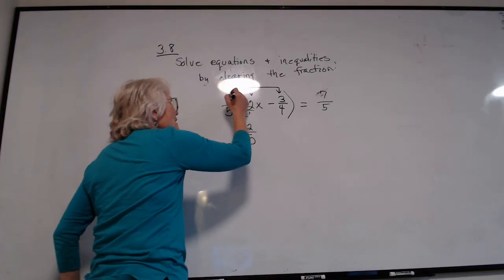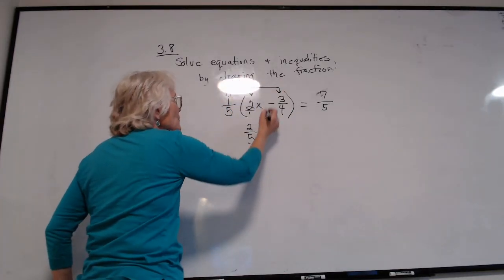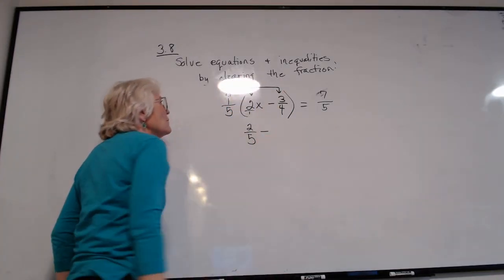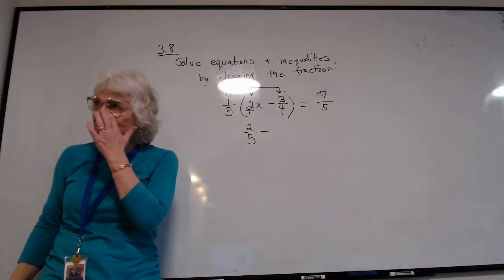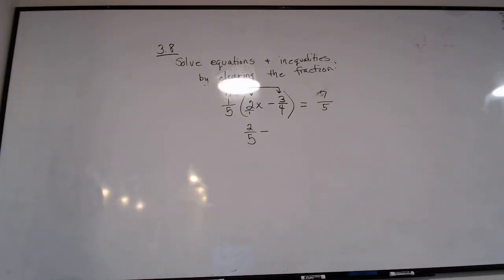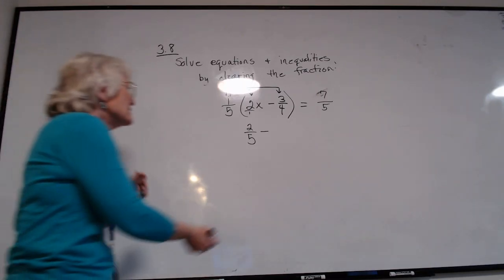When I multiply 1/5 times 3/4, which is a negative, what am I going to get? Matthew, what would I get if I take 1/5 times 3/4? So what are the two numerators? 3/20. Yes, that's correct.